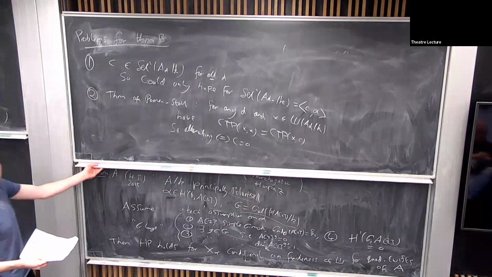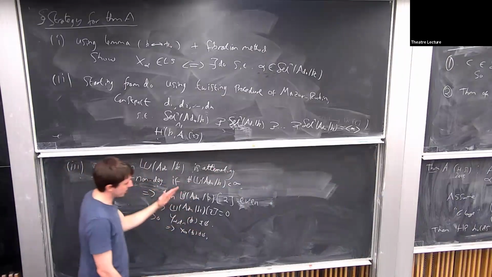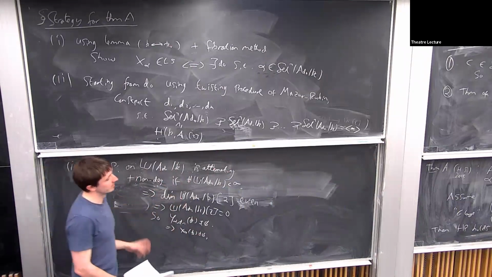So both of these concluding steps fail. You cannot get the Selmer group as small as you'd like, but even if you could, you wouldn't be able to conclude necessarily.